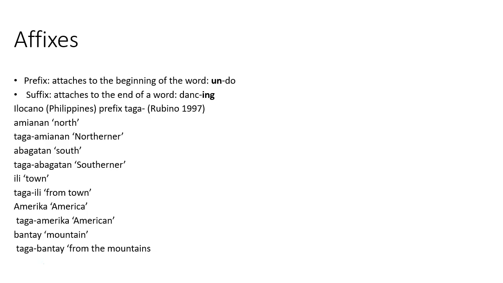Bantay means mountain, taga Bantay, from the mountains. So it's very productive, we can see clearly how it works, and it's a prefix. What's interesting is that from doesn't behave like that in English. From is a free morpheme and doesn't get treated as a prefix in that sense. But it's just another example of how languages around the world use the same categories of grammar that we do, but perhaps slightly differently.